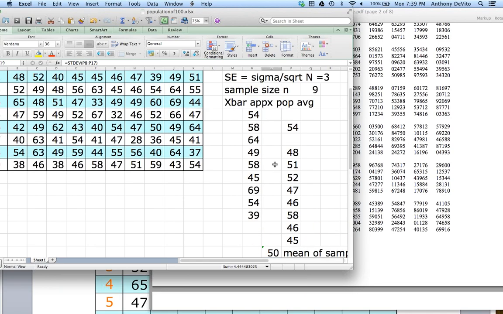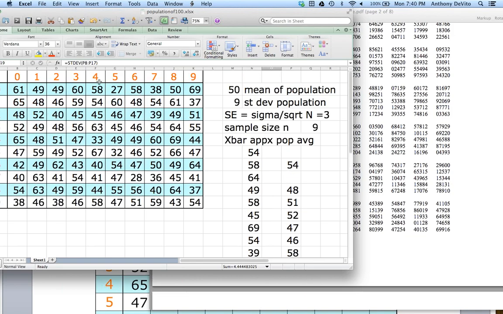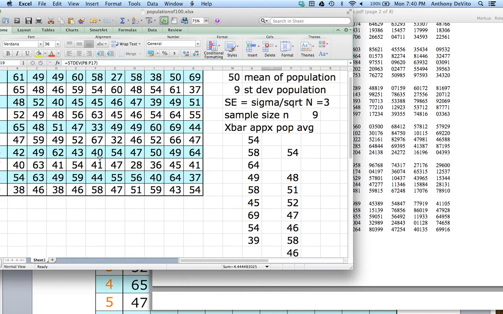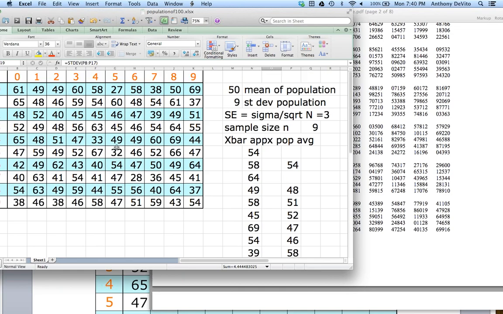But we can at least see that this mechanism really works. It has some validity. If we take repeated samples from this population, we can predict that if we make a new distribution from those averages, whatever size the samples happen to be, the mean of the distribution of the repeated samples is going to approximate the population mean, and the standard deviation for this new distribution is going to be equal to the standard deviation of the population divided by the square root of the sample size.